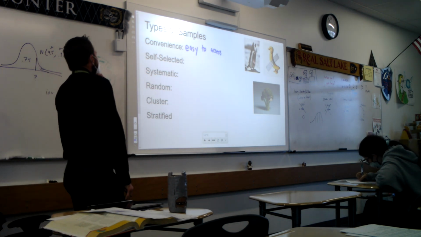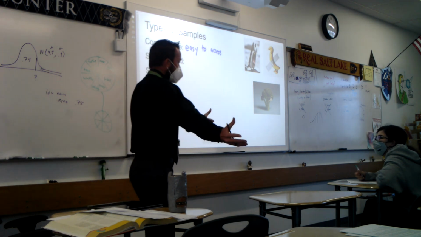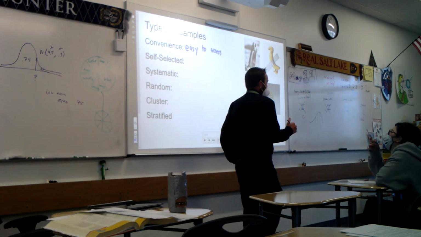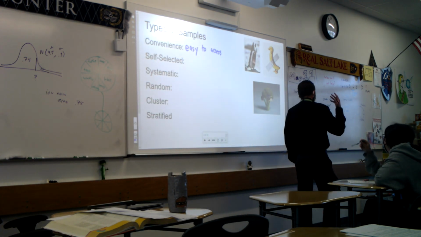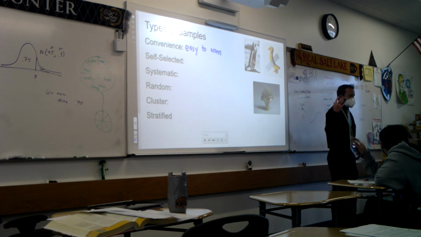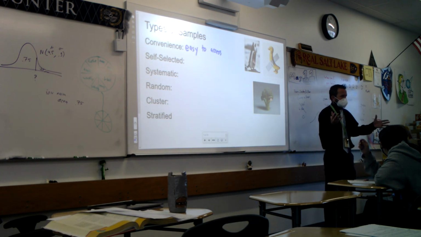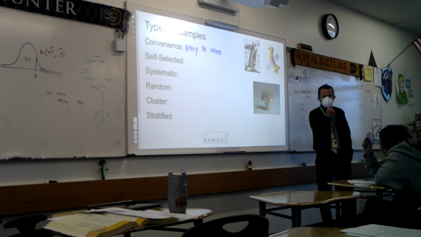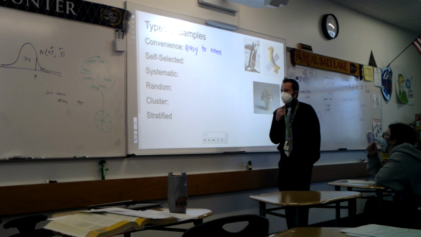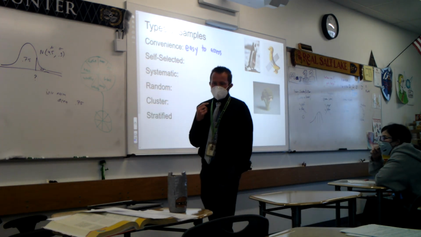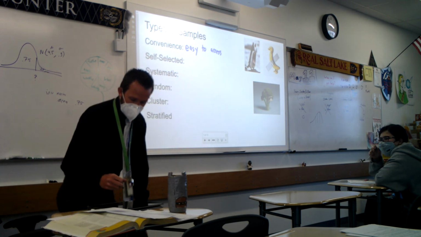For example, I can ask you guys questions and get quick data, right? I'd say, you've got these options for graduation, which one do you like best? But that would be a convenience sample because convenience samples are very biased. So we don't like this one.